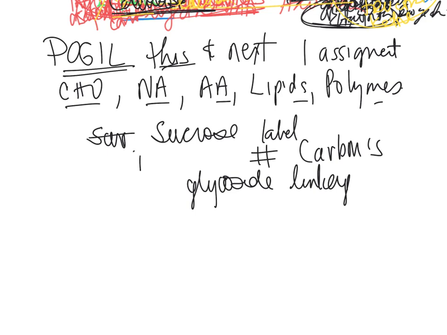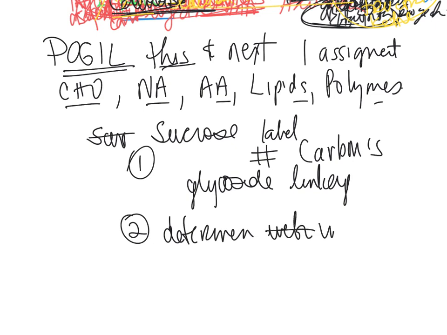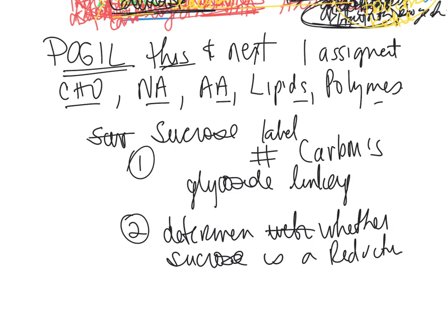Okay, and then I want you to determine whether sucrose is a reducing sugar. So is it a reducing sugar, yes or no? And don't just write yes or no. Say whether it's reducing, yes it is reducing, or no it's not.